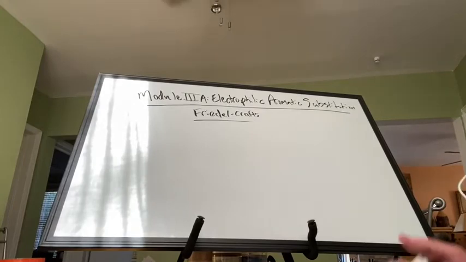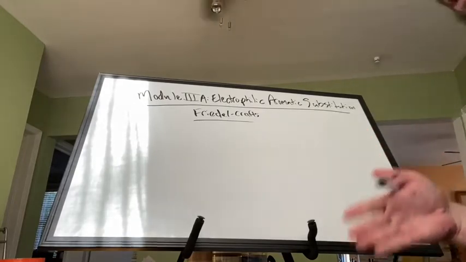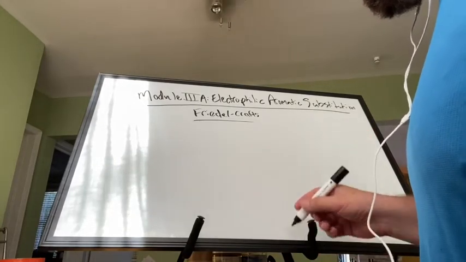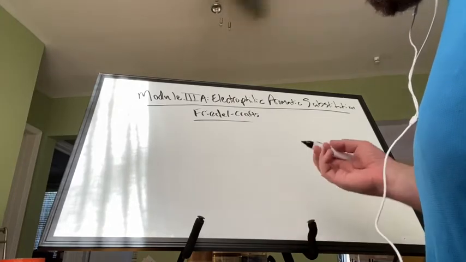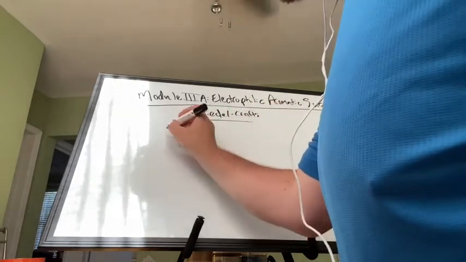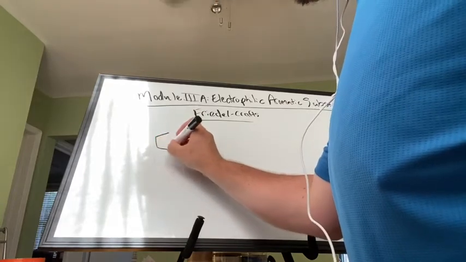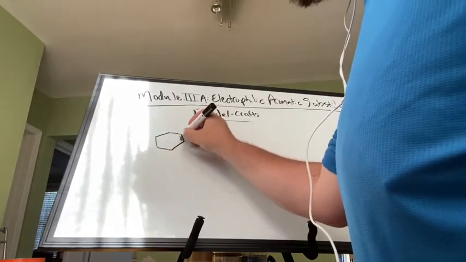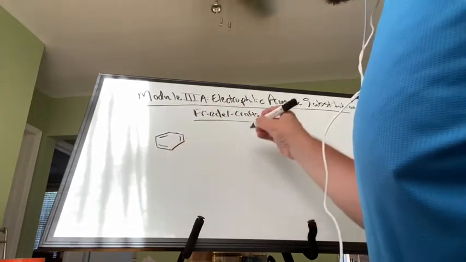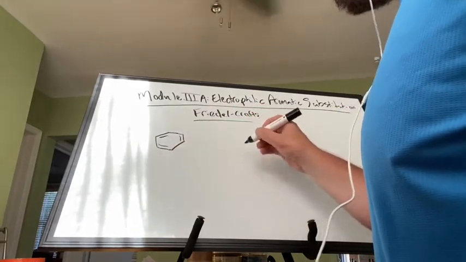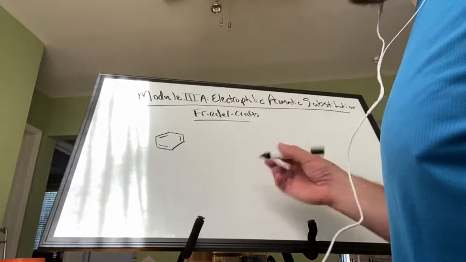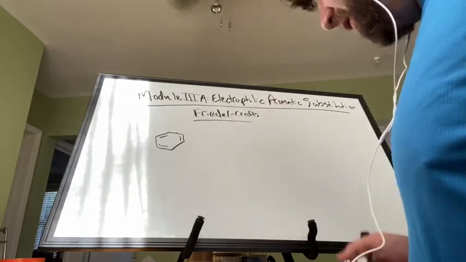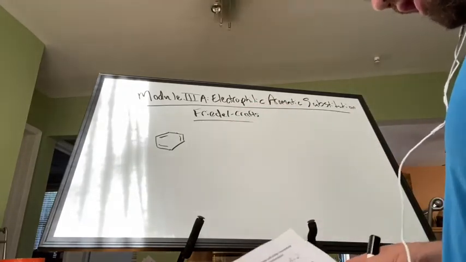Okay, so Friedel-Crafts kind of works the same way as what you just saw with halogenation or chlorination, as it were. But instead, you have one species that is a lot more electrophilic by itself. So this is something you've already kind of seen on your own.